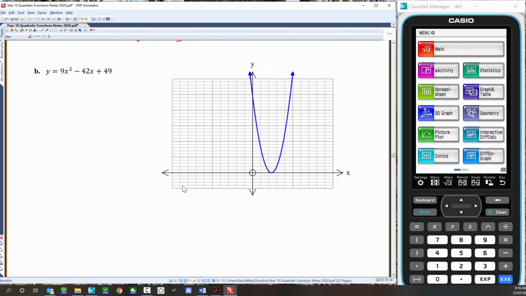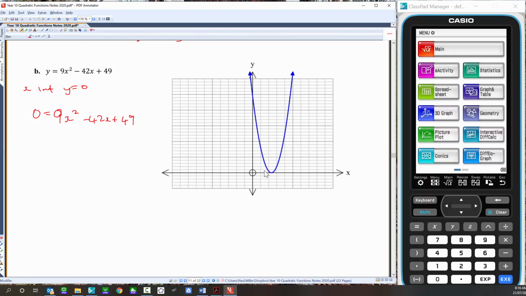Now it looks like this one here is going to have only one x-intercept. Let's find out what the algebra does. So we're going to go x int, y equals 0. So let's do it. 0 equals 9x squared, take 42x plus 49.